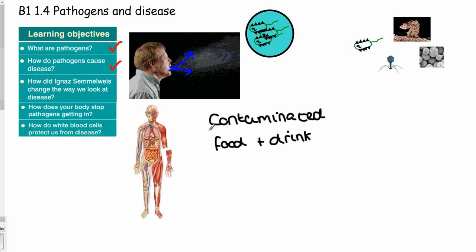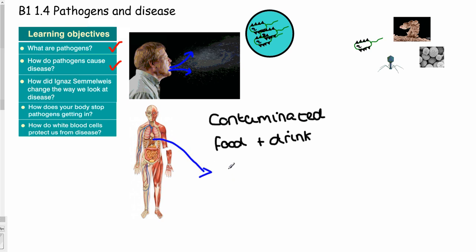Now, it's an unfortunate fact of life that every time we eat something, it potentially has hundreds and thousands of pathogens living on the surface of whatever we're about to eat. And our body protects us from these pathogens by producing stomach acid.